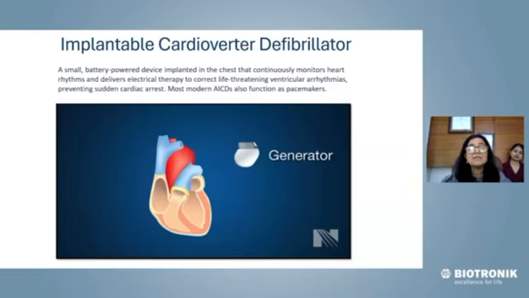Typically, the defibrillator consists of the box, that is the generator, just like a pacemaker, and it consists of leads. The leads would be two leads, the atrial and the ventricular, in the case of a dual chamber, and a single lead if it is a single chamber ICD, that means a ventricular lead. Let me reiterate, there never is an atrial-based single-chamber ICD.